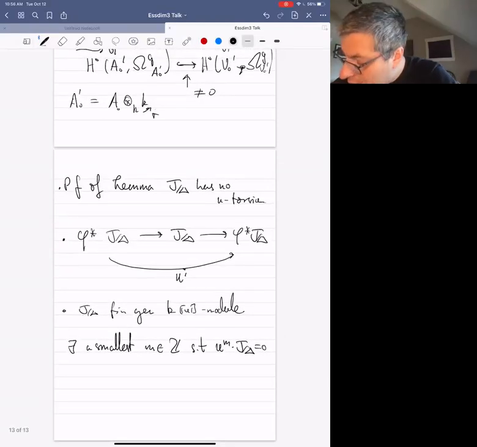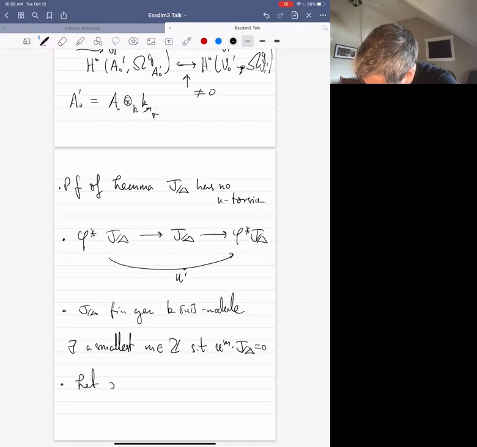Good. And now let's choose some element x such that U to the m minus 1 times x is not equal to 0.